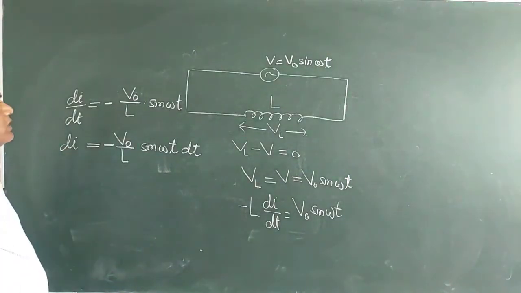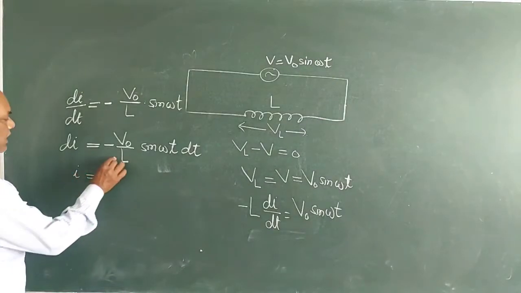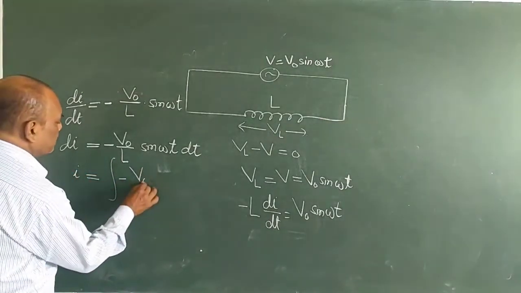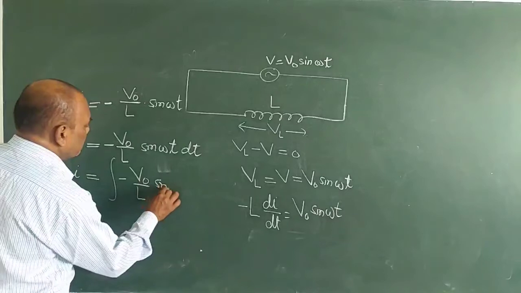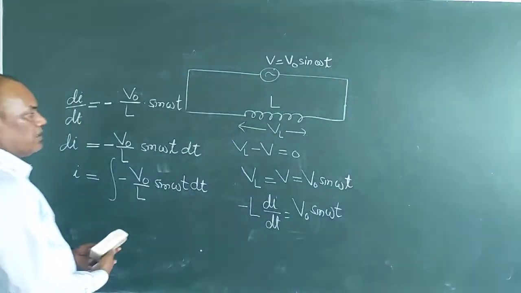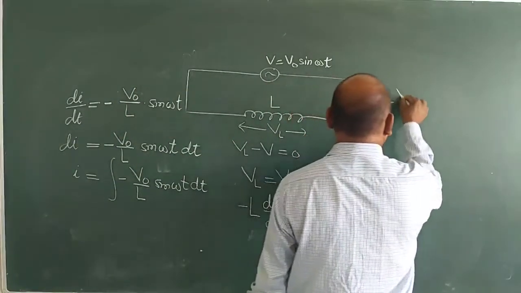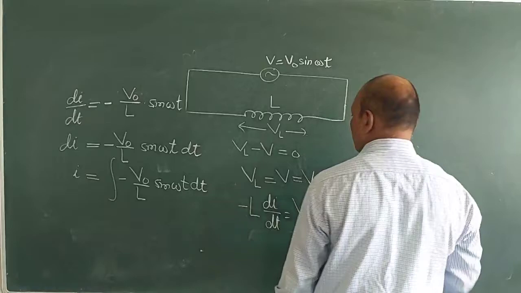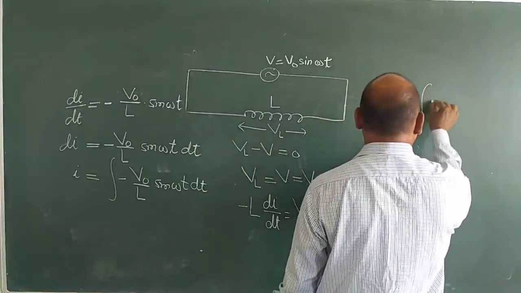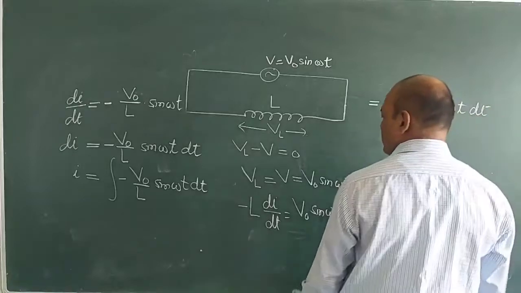Now, to find the steady current here, we integrate both sides, minus V0 upon L sin omega t dt. This is equal to minus V0 by L integral of sin omega t dt.